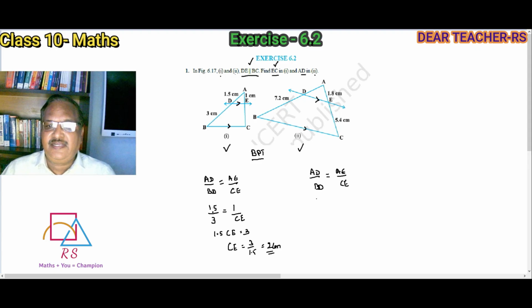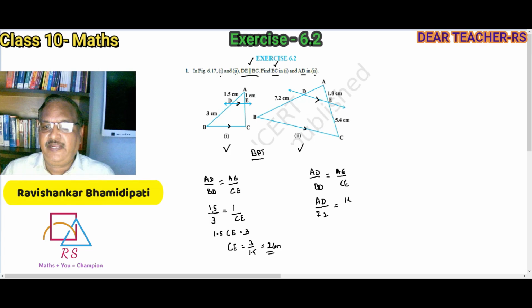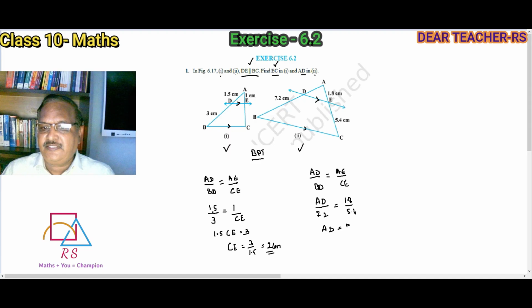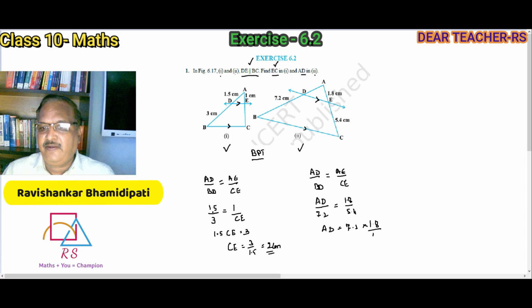Now let us work here. AD we don't know, keep it like that. AD by BD, 7.2, is equal to AE, 1.8, and this is 5.4. So AD is equal to 7.2 into 1.8 by 5.4.